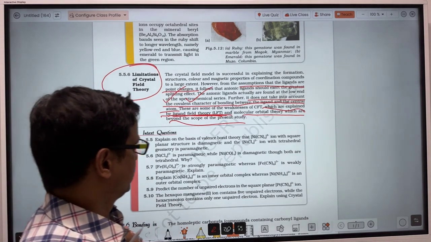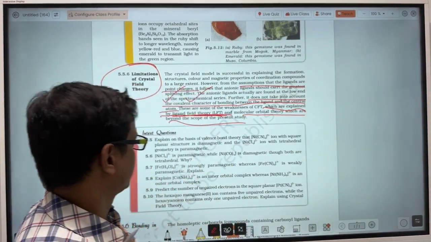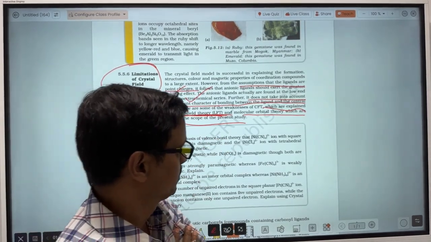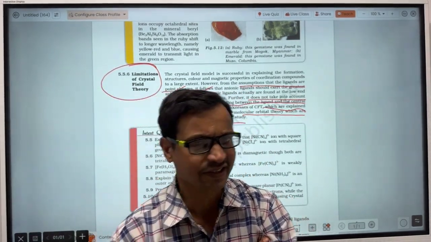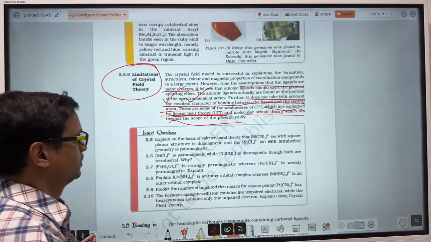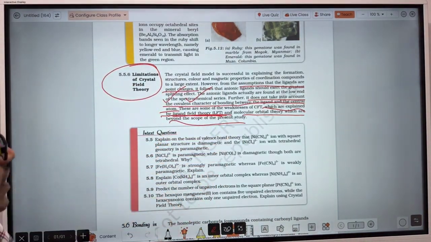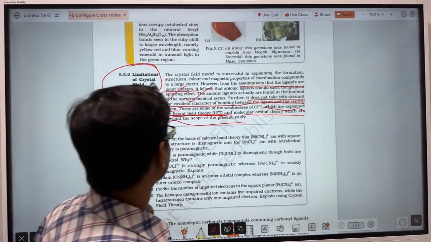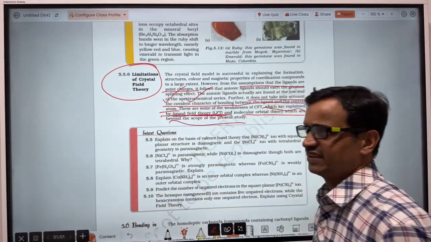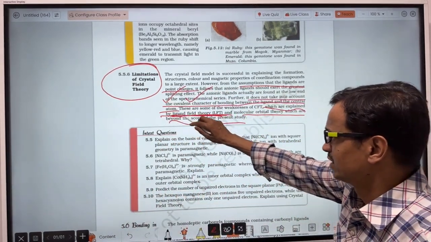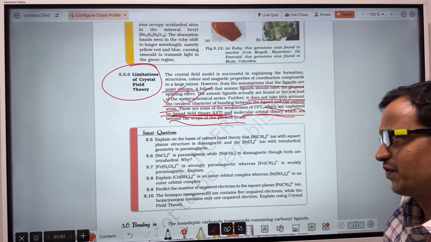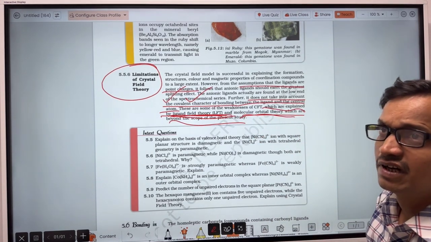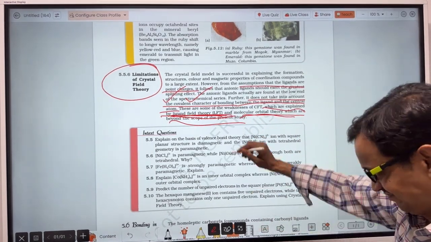In addition, it has not considered the covalent characteristic between the central atom and the ligand. These drawbacks of the crystal field theory have been addressed in ligand field theory as well as the molecular orbital theory, which you will discuss in higher classes.